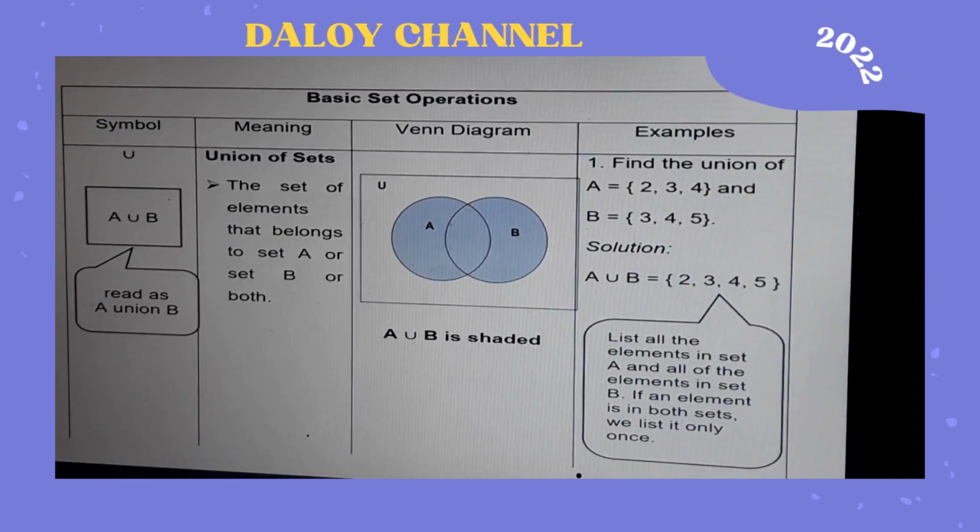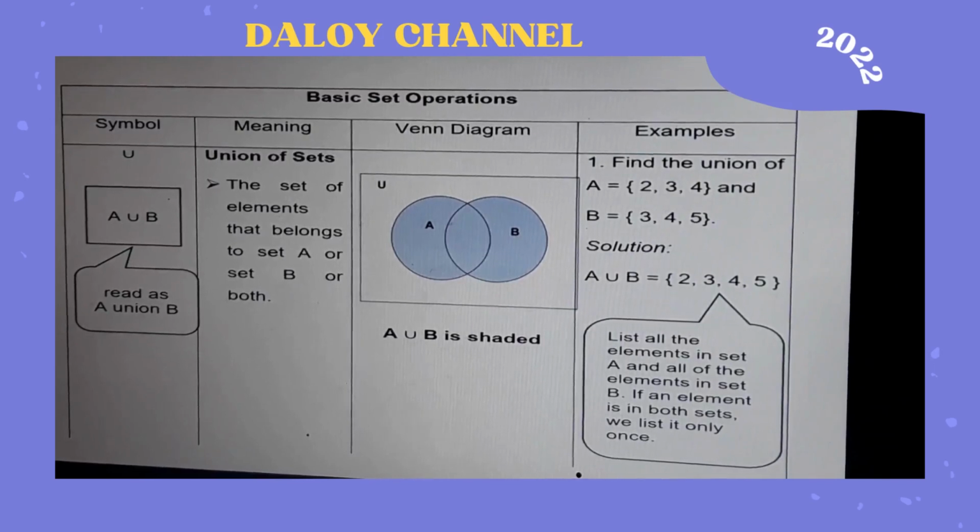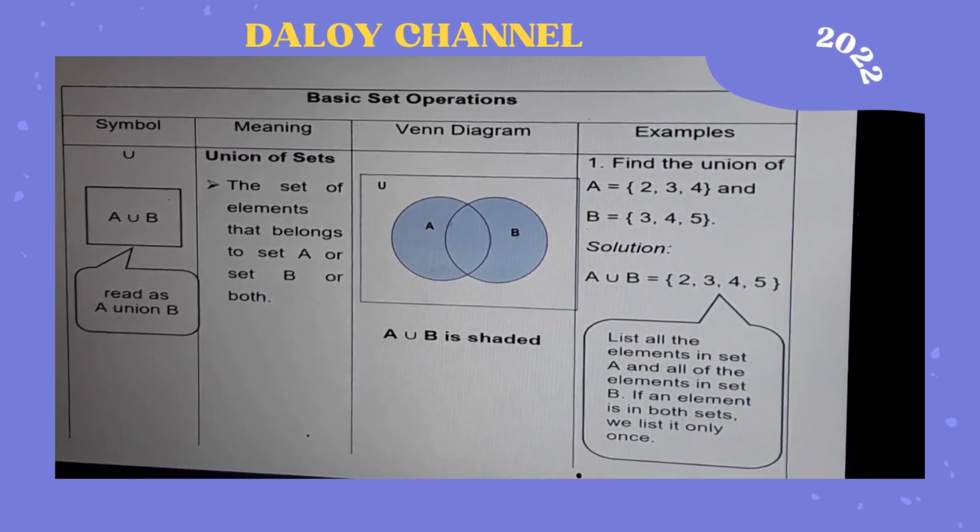So list all the elements in set A and all the elements in set B. If an element is in both sets, we list it only once. So always take note of that.